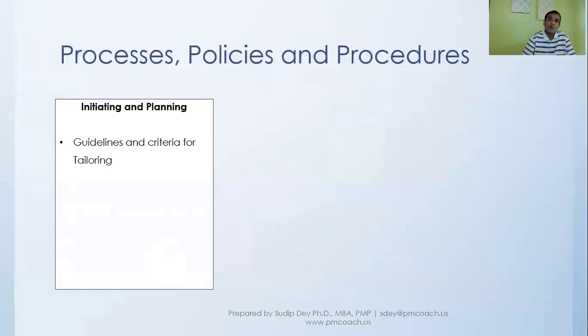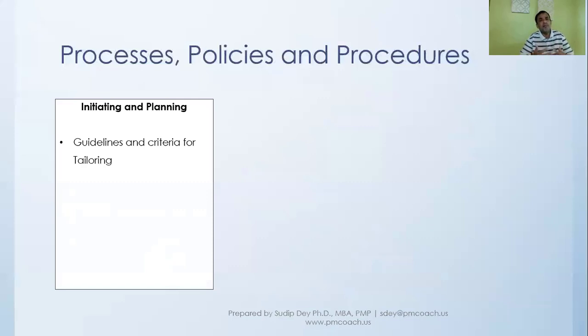When you look at PMP, you will find there are some 49 processes, and you don't really need to do everything. We might tailor that to our project based on the guidelines that exist in the organization.